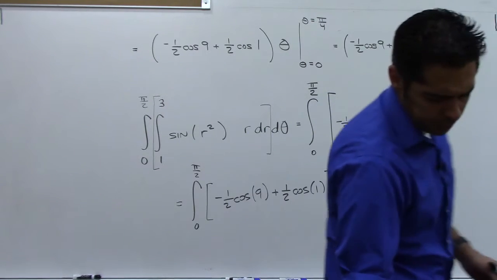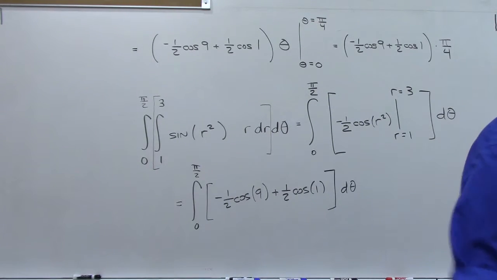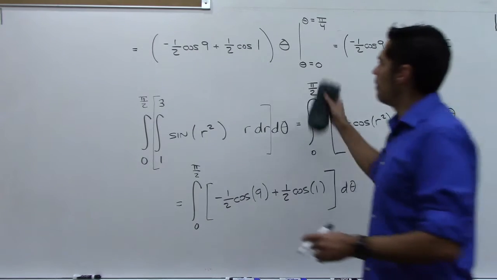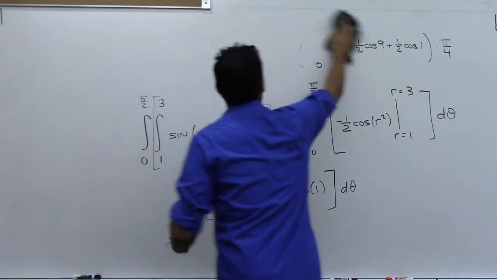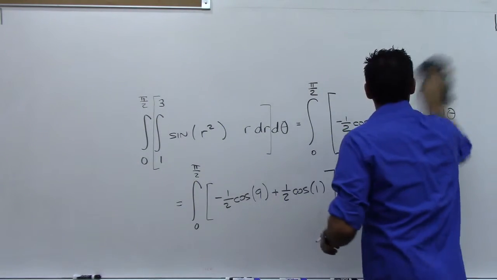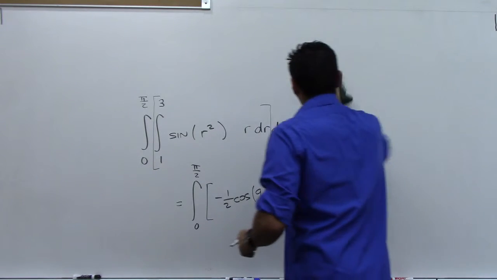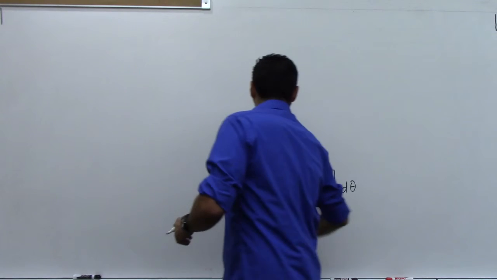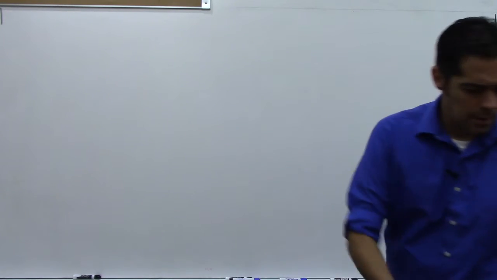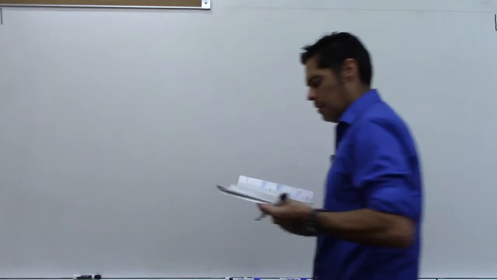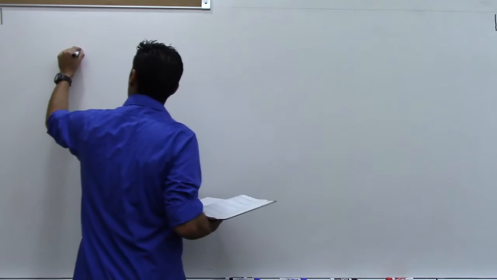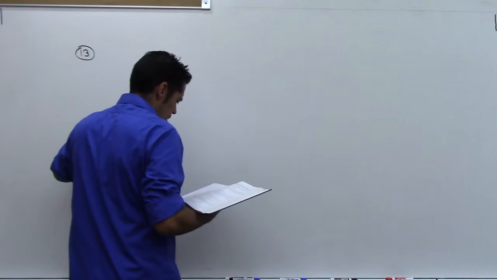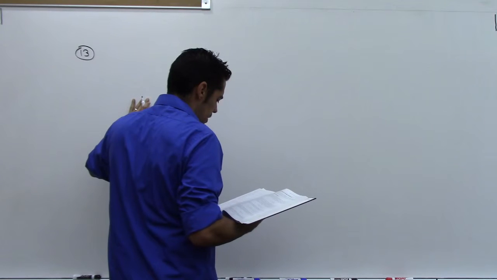Number 13. So here's where things start getting a little more interesting. For number 13, use polar coordinates to find the volume of the given solid.